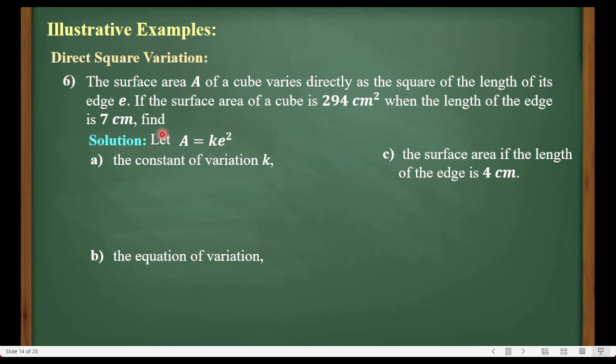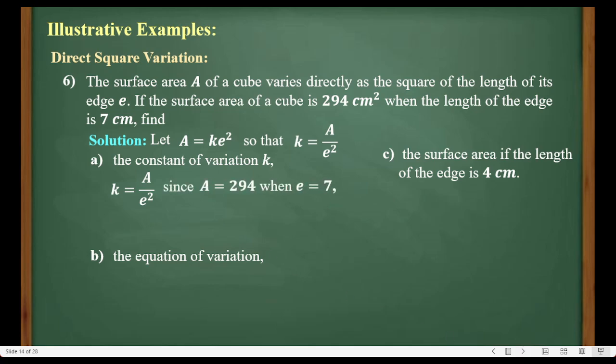And from here, k is equal to A over e squared. Using this equation, we can answer letter A, which is compute for the value of the constant of variation k. So here, together with this equation, we consider the initial values of surface area and the initial values of the edge, the length of the edge.